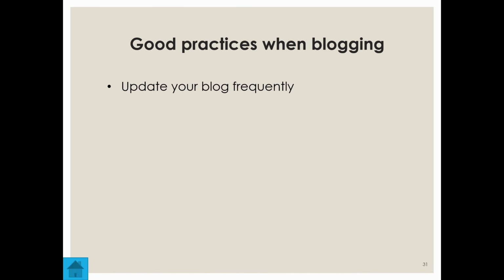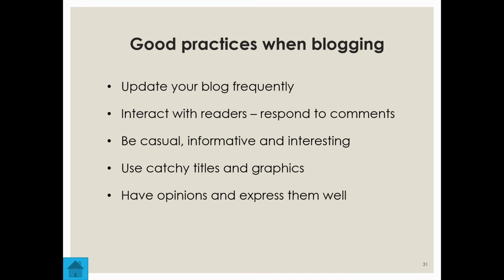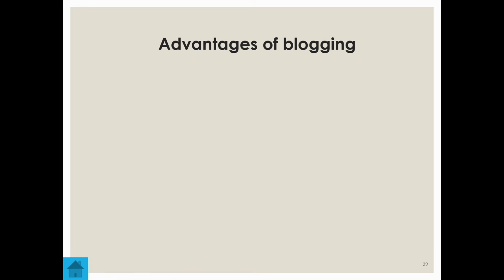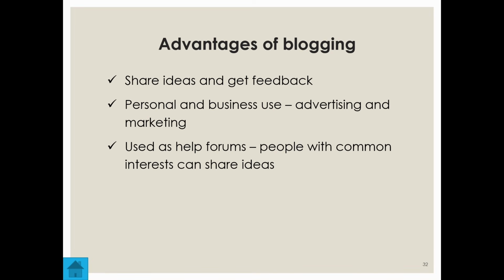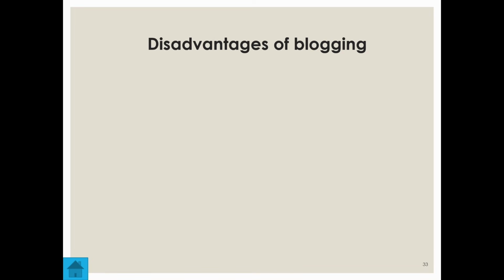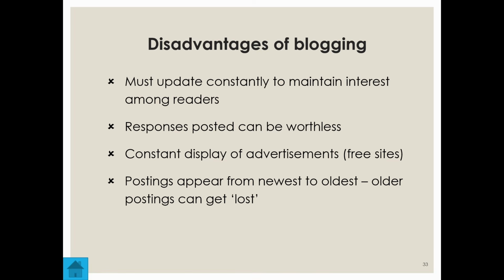So they could use this, and again, use a scenario. Say you're going to be setting up a blog. What sort of good practices should you be implementing in order to really get people interested and coming to your site? And again, they go into some advantages and disadvantages. And you can just look at 2 of these as well. Right? Take the easiest to remember.